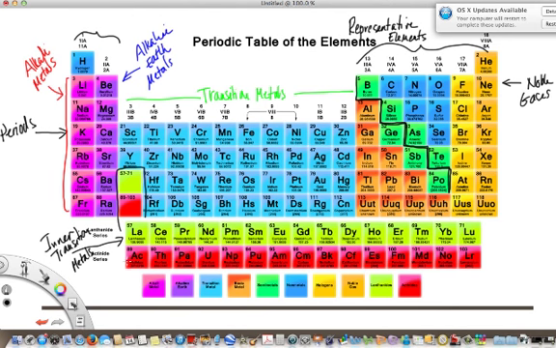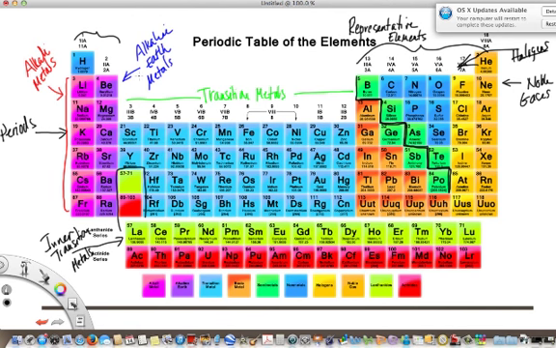So what should you know without referring to a diagram like this? If I gave you a blank periodic table, you should be able to label where the alkali metals are, the alkaline earth metals, the noble gases. Oh, we forgot a group here. The halogens. The halogens have 7 electrons in their outermost energy level, hence they're in group 7A. And also the representative elements and the transition metals.